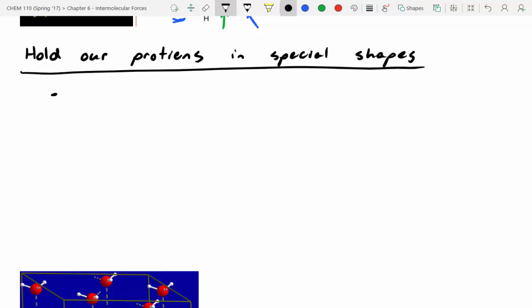Does anybody know the different shapes that proteins will fold? Oh man, you guys are going to have to take more biology. It's a blast. It's beta sheets and, does anybody know the other one? Alpha helices. So proteins will fold into these complicated globs in specific patterns that are referred to as beta sheets and alpha helices.